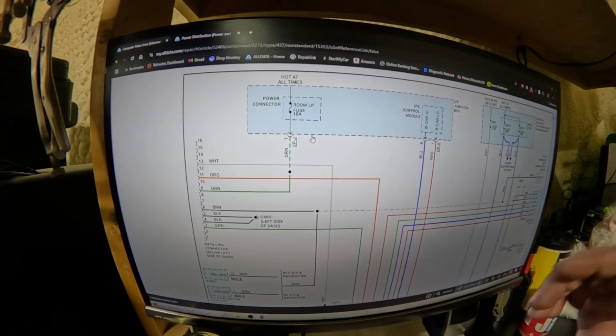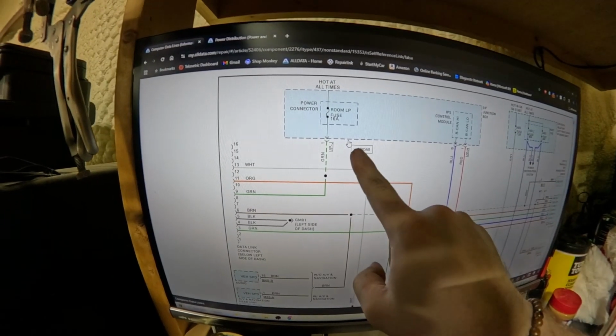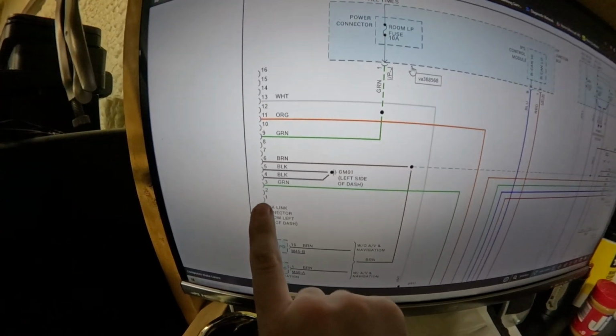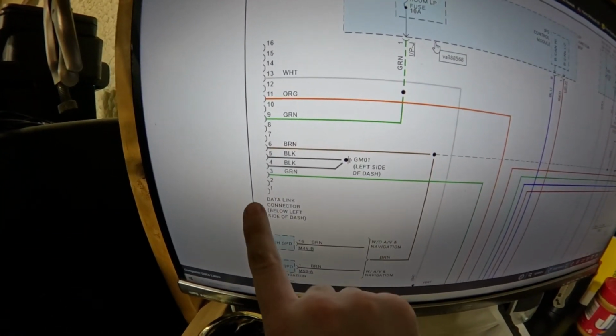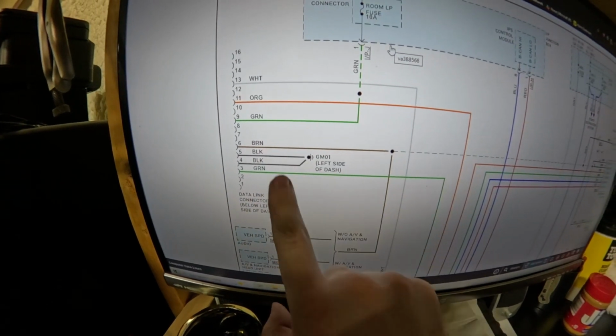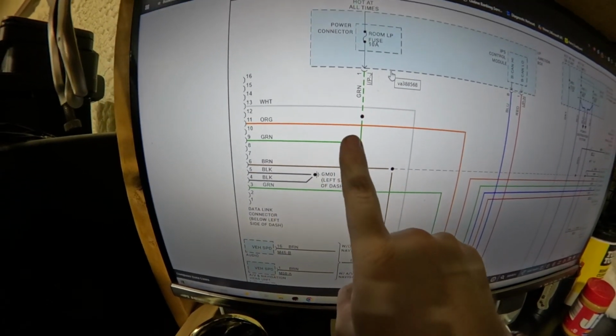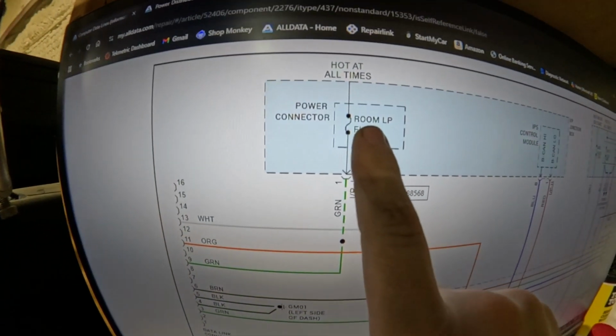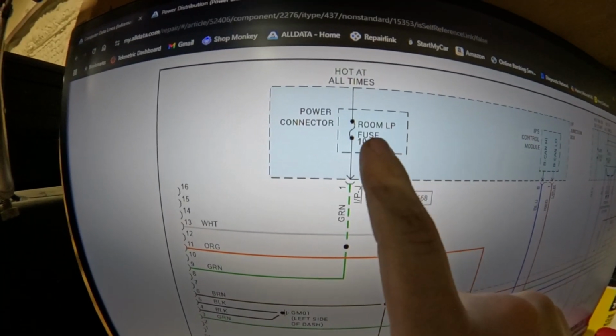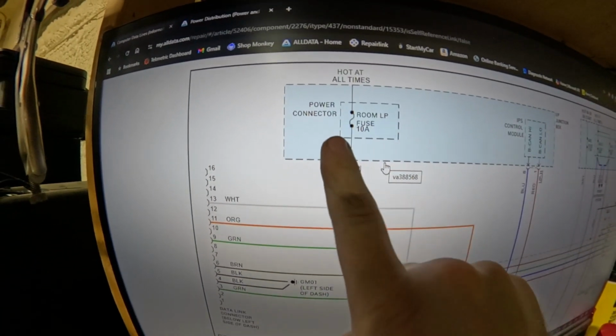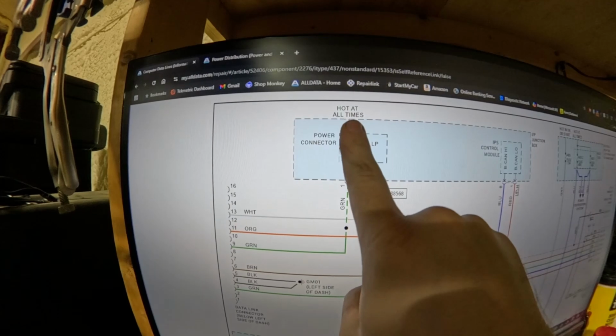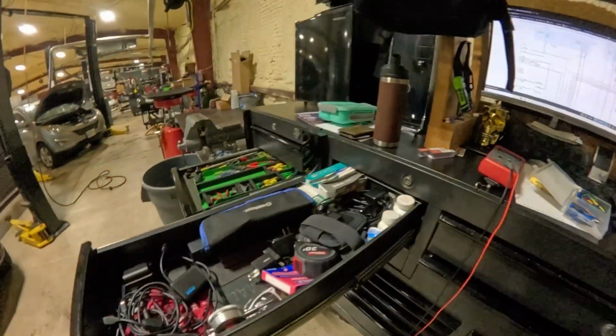We can also look on the information bus diagram. So here's our 16-pin DLC, you've got data wires, grounds, power. Your one power from the room LP fuse, 10 amp, power connector, hot at all times.